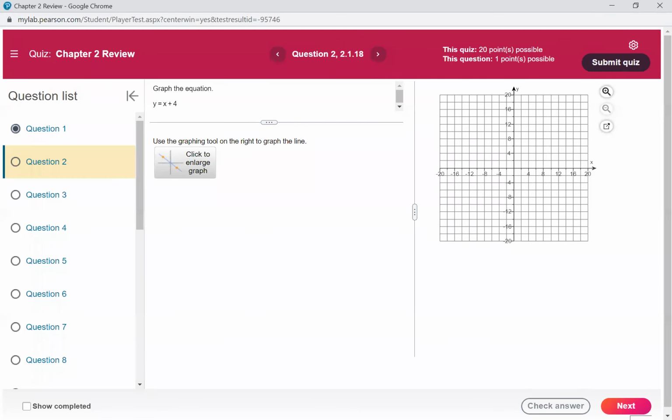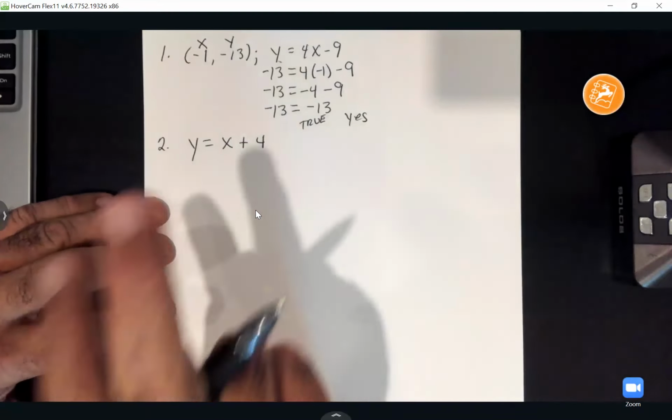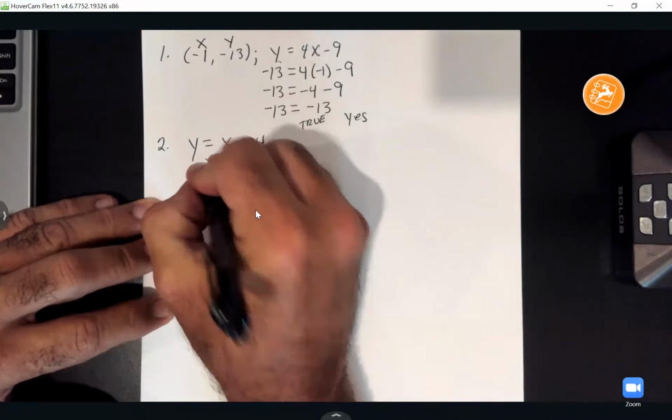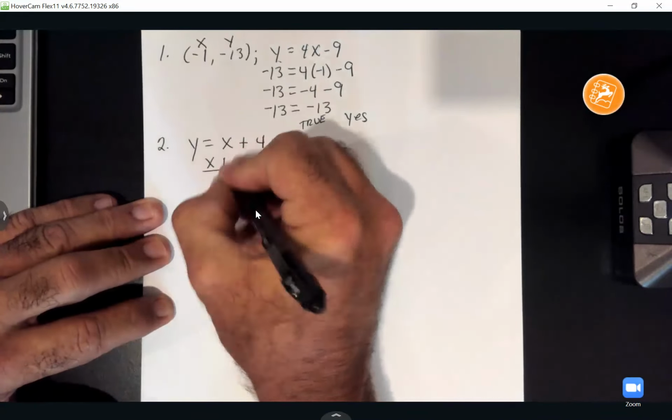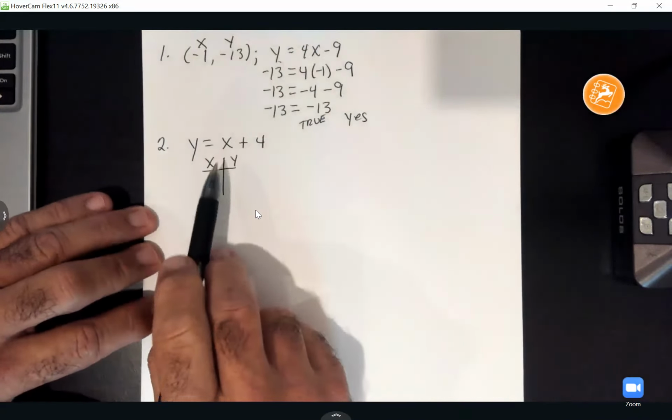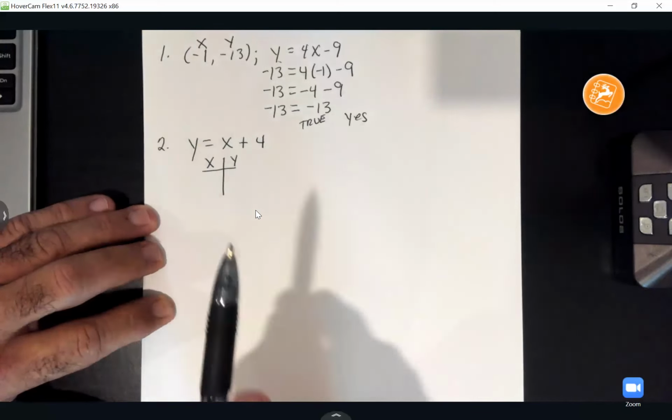All right, number 2 wants me to graph the line y equals x plus 4. Y'all, let's go work that, and then we'll come find us 2 points. So remember, I'm going to find 2 points. Once I find 2 points, I'm going to go graph them. Now, at this point, they're not telling me how to graph it.